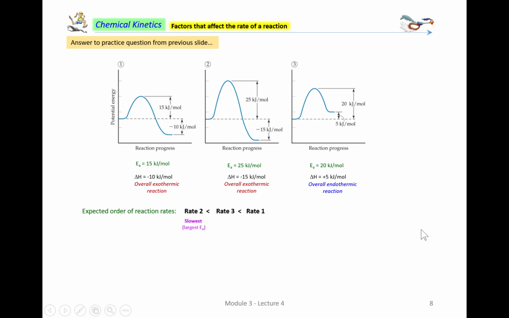Well, you might ask why. You'll notice that I've based my answer totally on the activation energies. I totally ignored the delta H values. So the reaction that's the slowest would be the one with the largest activation energy, and the reaction that is the fastest is the one with the smallest activation energy.